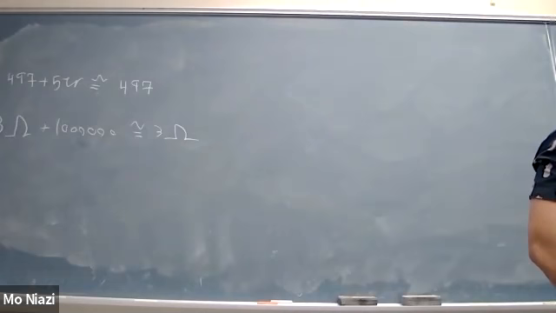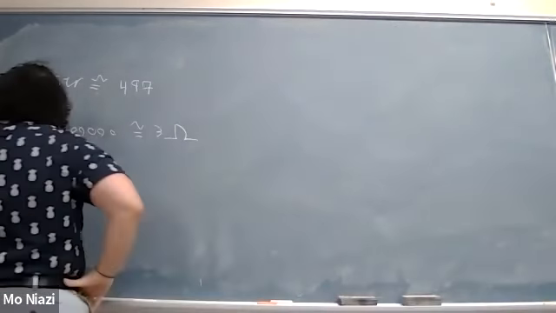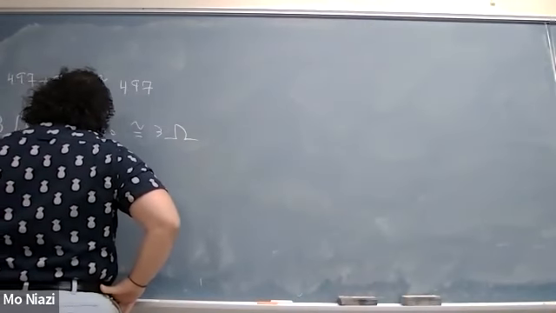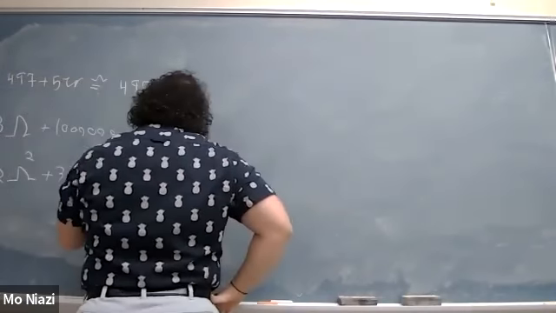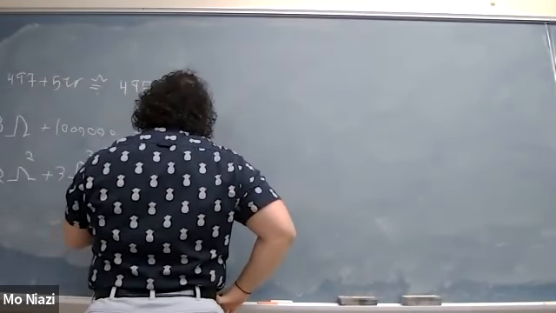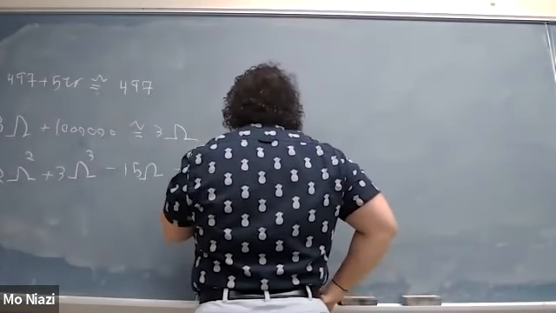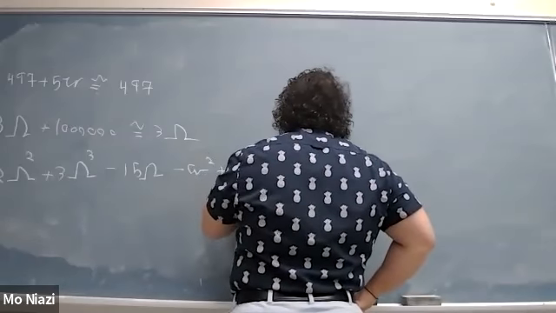So what about 2 omega squared plus 3 omega cubed minus 15 omega minus omega squared plus 13 omega to the 3/2?